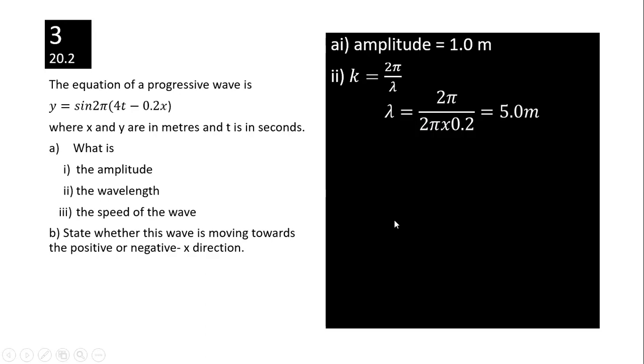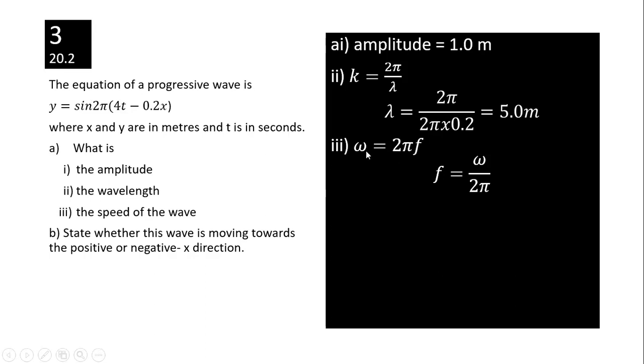How to find the speed? How to find the frequency? 2 pi f equals 8 pi. Omega I get from here, 2 pi times 4.